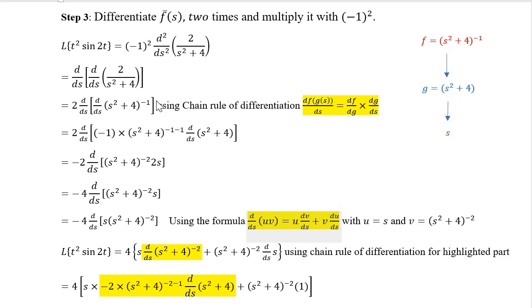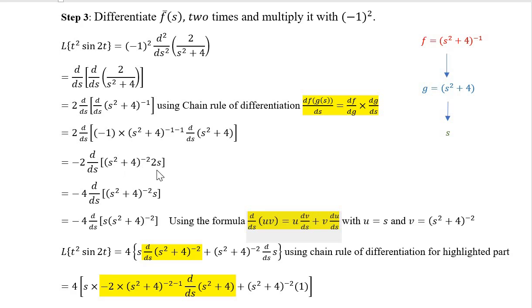is derivative of f with respect to g into derivative of g with respect to s. So, by that way, s square plus 4 inverse derivative is minus 1 into s square plus 4 raised to minus 1 minus 1 into derivative of s square plus 4. So, it is minus 1 into 2 will be minus 2, s square plus 4 raised to minus 2, minus 1 plus minus 1 is minus 2, and derivative of s square plus 4 is 2s.